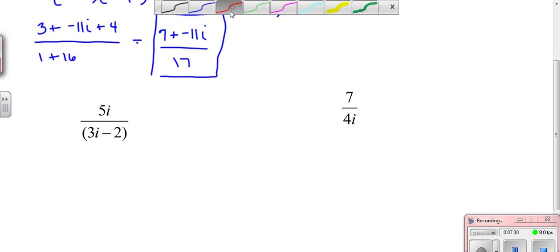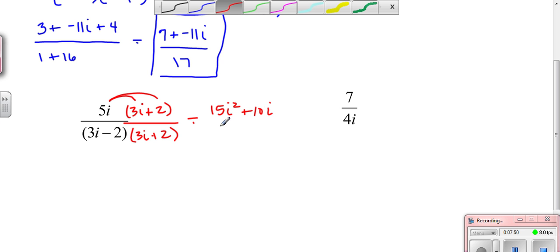This is a conjugate problem again, so now I need to multiply by 3i plus 2, because I need the opposite sign, all over 3i plus 2. This time it's just a distributive property, so I have 15i squared plus 10i all over first two terms, 9i squared, outside terms, 6i, inside terms, positive 6i, last term minus 4.